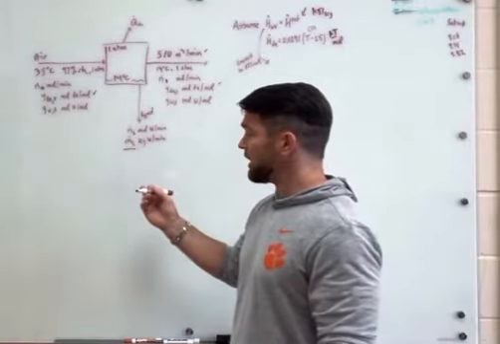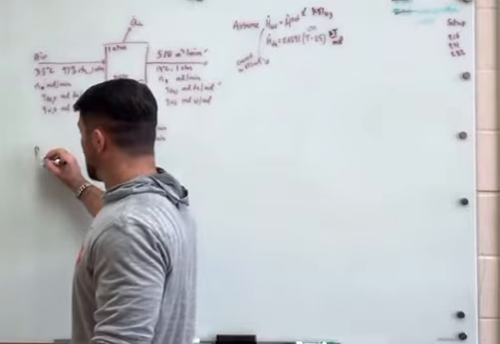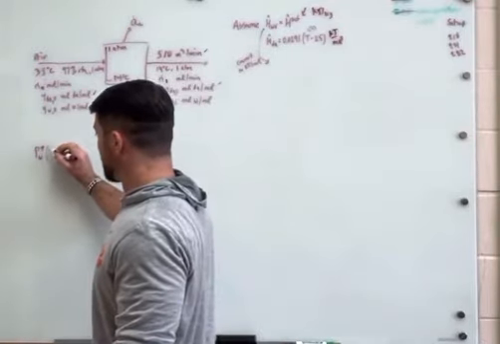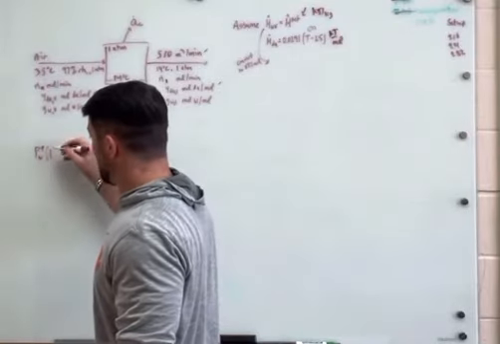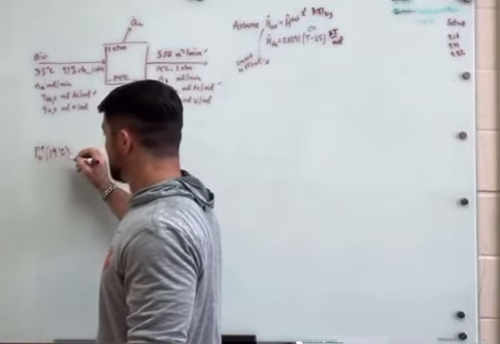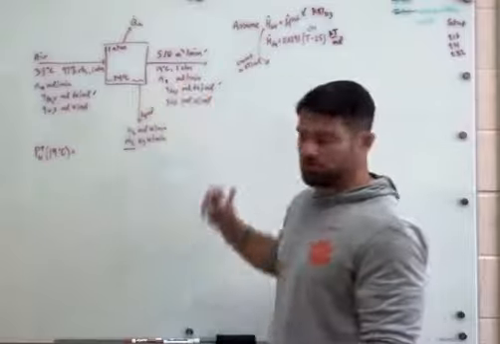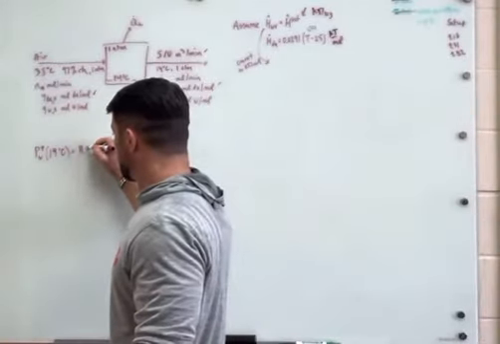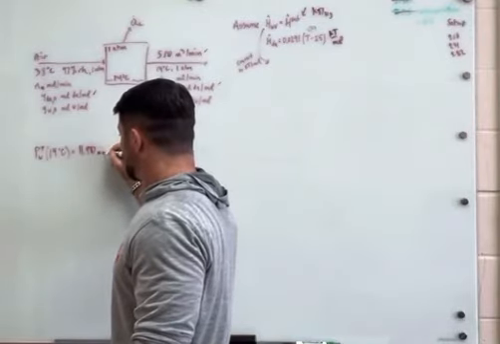Let's start with the mole fraction. From table B3, we can get the saturation pressure for water at 14 degrees C, for the conditions coming out. This is 11.987 millimeters of mercury.